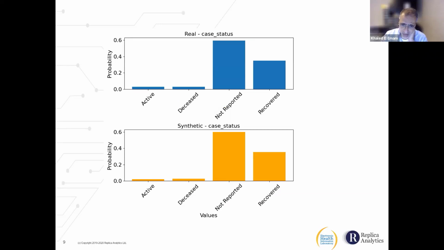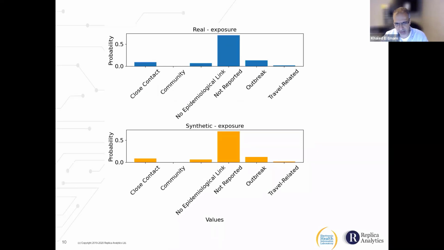This is the case status. So as you can see, across the whole data set, a good chunk were not reported, but for Ontario, the data set was complete. So we have active, deceased, and recovered as the main categories for which we have valid data. And then you have different types of exposure. Again, the differences between real and synthetic data sets are small.